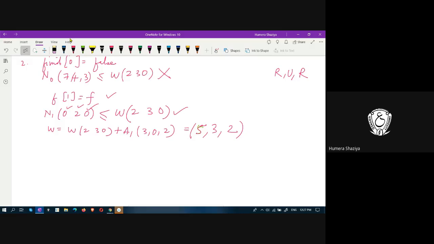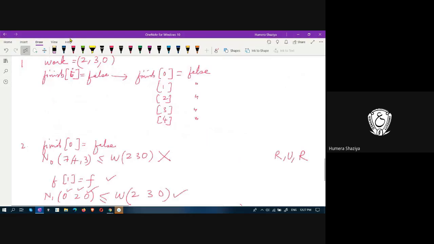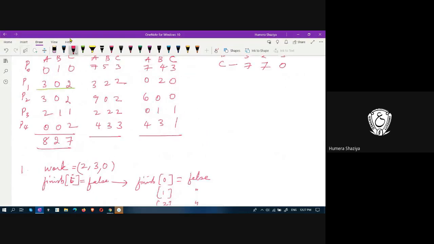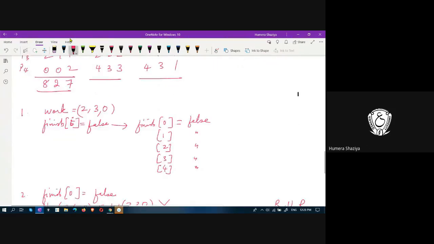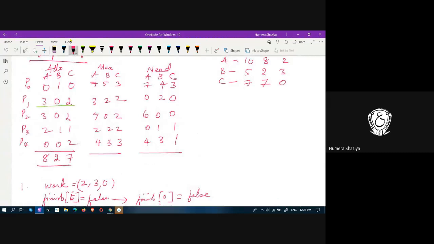When it has finished, you revoke the allocated resources from P1 and mark Finish of 1 equal to true, taking back these allocated resources. Here allocated was 302 and its need was just 020.